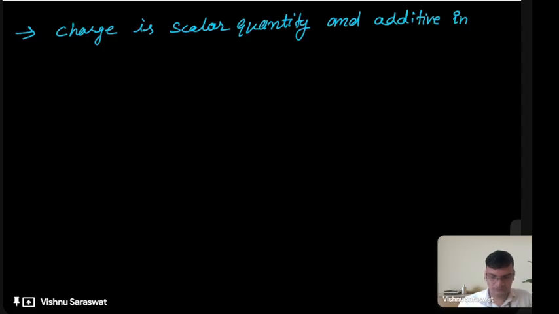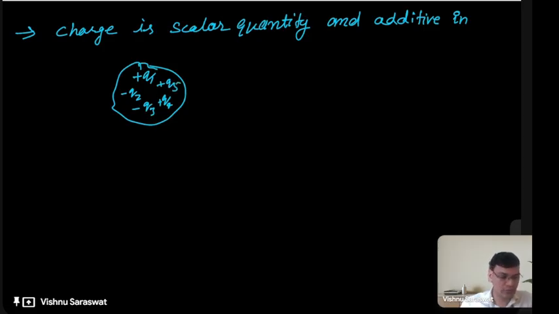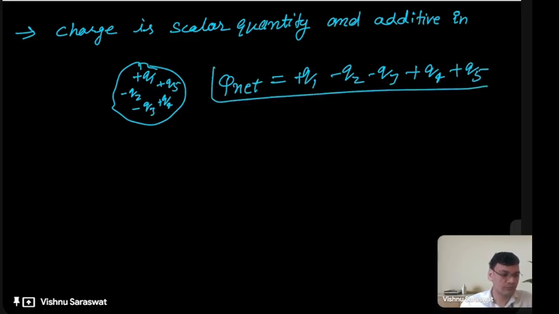So suppose this is a conductor in which the charges are plus Q1, minus Q2, minus Q3, plus Q4, plus Q5. We can directly add all these charges with their signs. So Q net is equal to plus Q1 minus Q2 minus Q3 plus Q4 plus Q5. So charge is additive in nature.